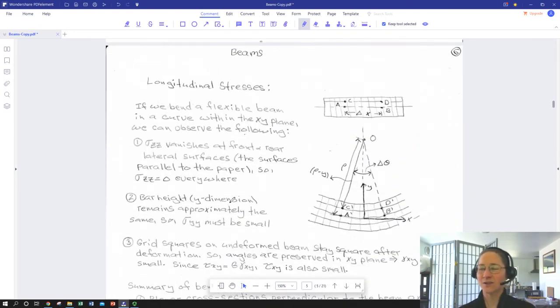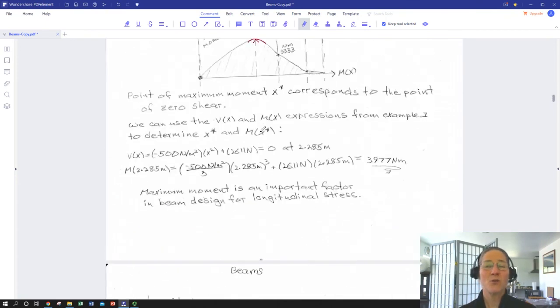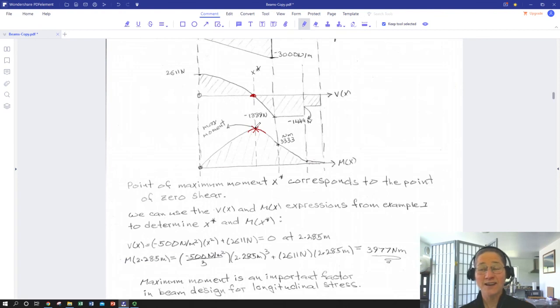The next lecture, lecture 3, we will pick up with longitudinal stresses, where we will go back to this point, or points like it on a beam, the points of maximum moment, internal moment, and say, what's going on with the stress all across the cross section of that beam in response to that moment? And we'll take a look at what's going on and derive an expression for axial stress due to bending moment. And it turns out that's one of the big limiting design factors in beams. So stay tuned.